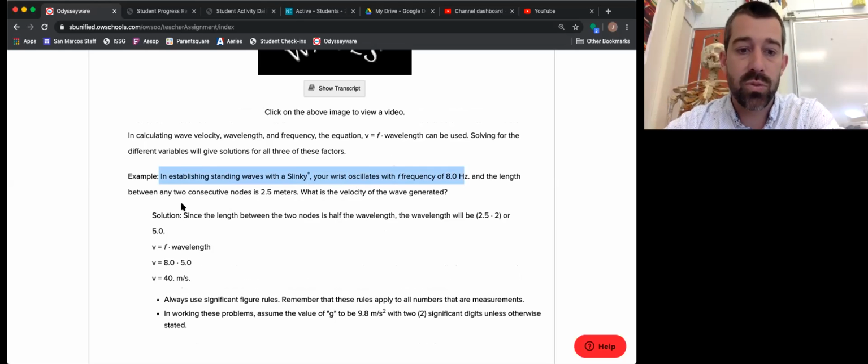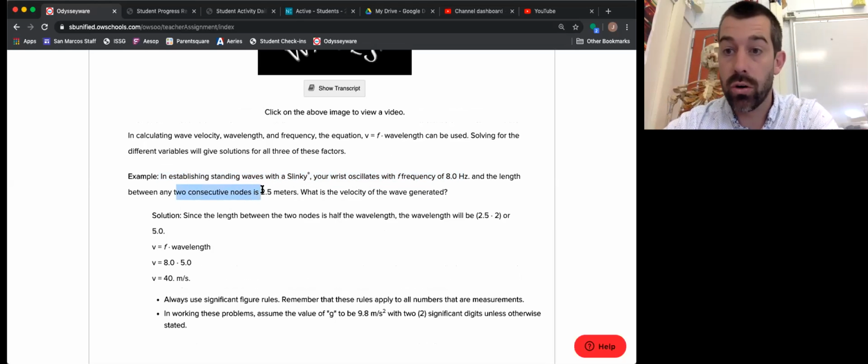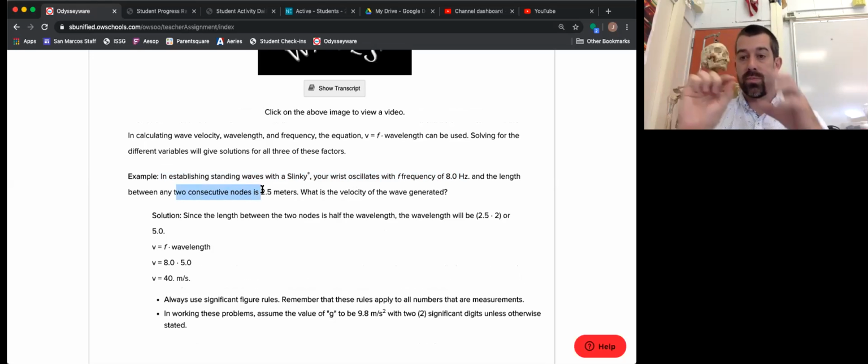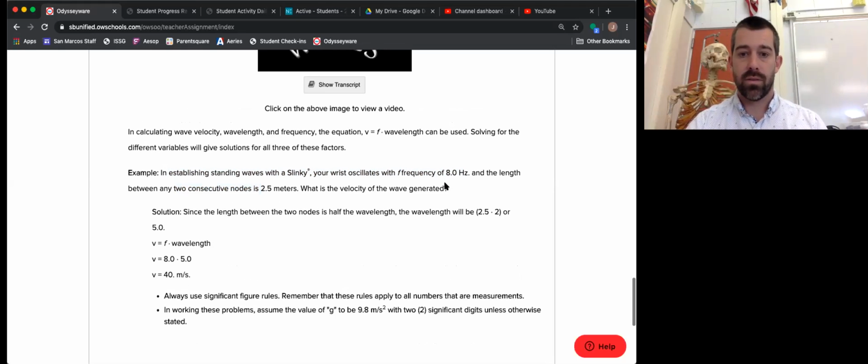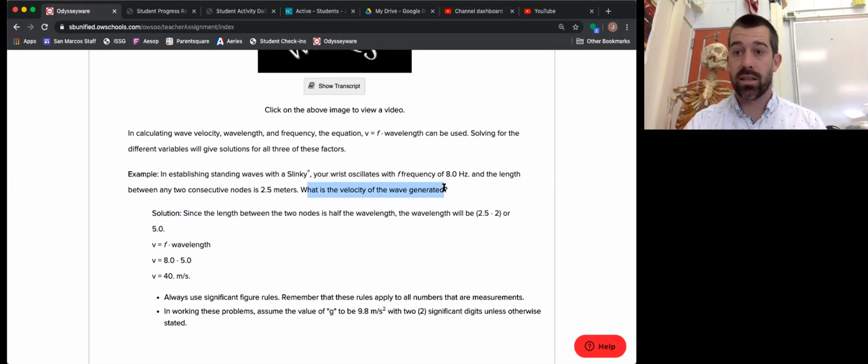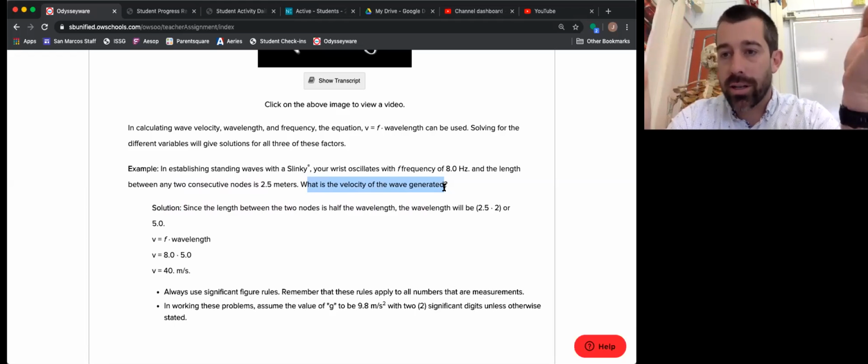And the length between 2 consecutive nodes, a node is like the space between the waves, is 2.5 meters. So in other words, your wave is 2.5 meters long. That's the wavelength. And you have a frequency of 8 hertz. And it says, what is the velocity of the wave generated? You got a bunch of questions like this. Guys, you know how to do this.